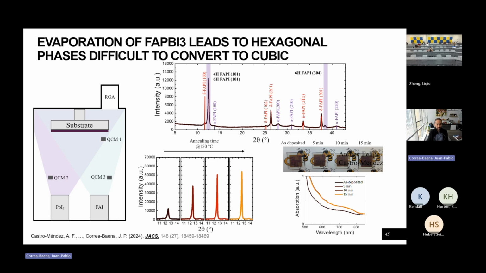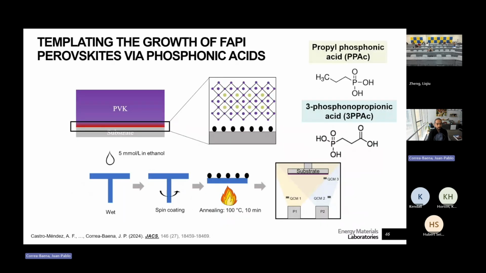So we decided that we wanted to look at surface chemistry, using the surface as a way to help the growth of these materials. We use these two molecules that we put on the substrate. What we do is we spin coat, or smear, a material on the glass substrate, basically a very, very thin film, and then we anneal it.